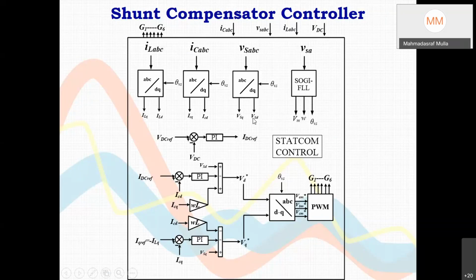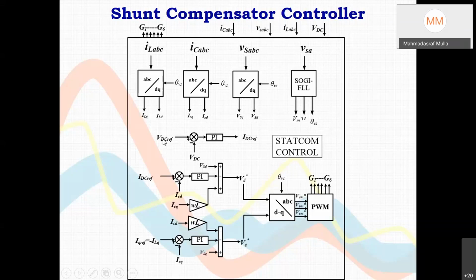We can convert our load current to DQ value, we can convert our inverter current to DQ value. So actual control is developed in DQ frame. So we require all the values in DQ frame. So that is established by this two-step process. So first sense voltage, and from voltage you calculate the grid angle, and utilizing that angle you find out DQ value of load current, inverter current and supply voltage.